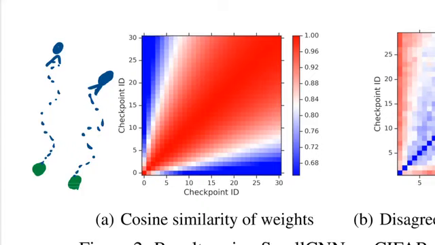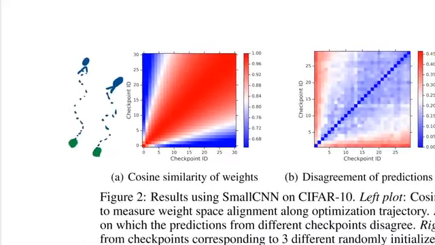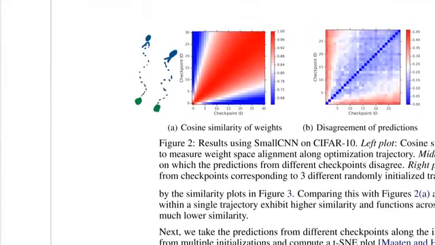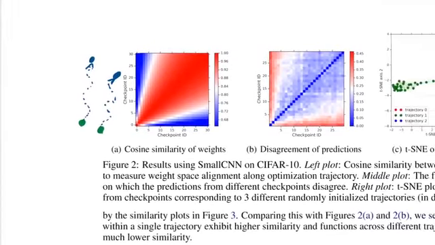So the question is, do those different minima that perform equally well describe the same function, or are they fundamentally different functions that just happen to reach the same accuracy? The question is very interesting, and this paper attempts to answer that.